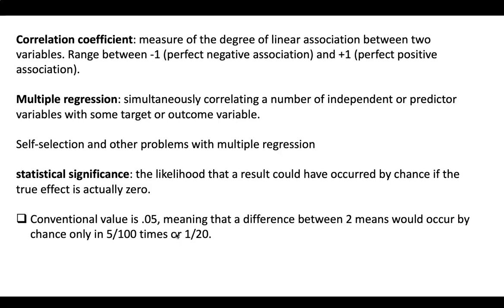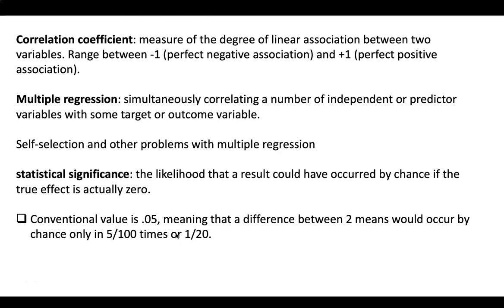Just some basic statistics that are discussed in your book, and I may return to these, and I'll reintroduce you to them too. Something that's important is called a correlation coefficient. So if we look at two variables, say the effect of income on educational performance, if we have a positive association, a perfect positive association would be one where you have perfectly high scores, all A's and high income, basically.